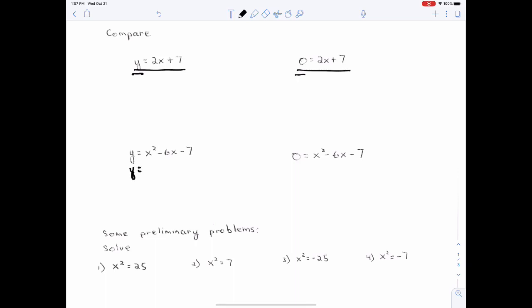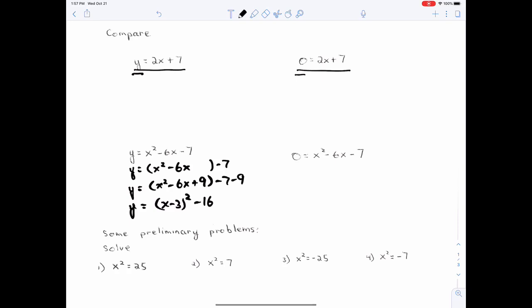We took y, we separated the 7, then we cut this in half and squared it, which gave us 9, and because I added 9, I had to subtract 9 at the same time, and then we factored it. That's what we did. So we just changed the form, and then I could ask you to graph it.